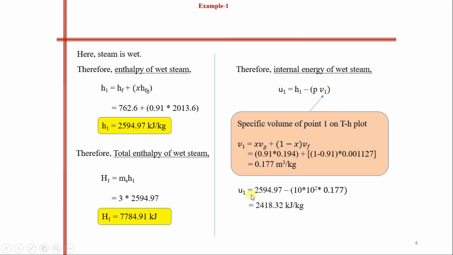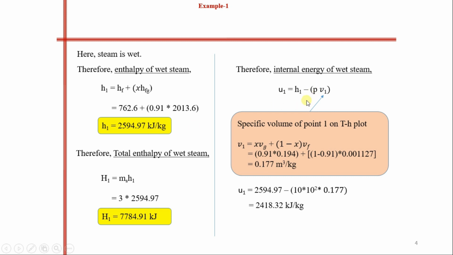Okay, so put the data. H1, that is 2594.97, minus pressure 10 into 10 raised to 2. Here we have substituted the pressure in kilonewton per meter square. Keep that in mind, because the unit of H1 is kilojoule per kg, it is in kilo.